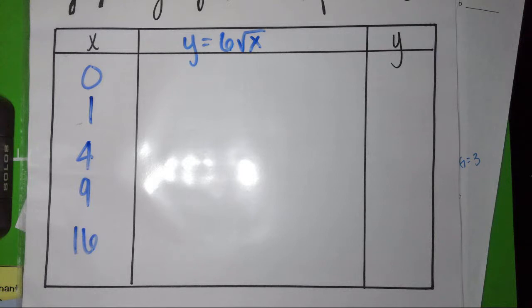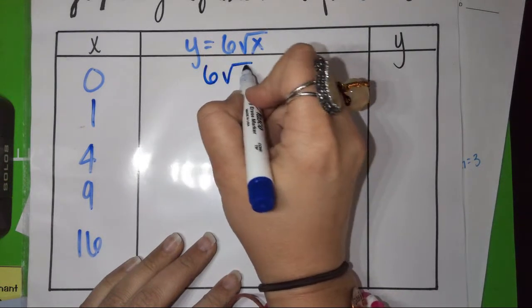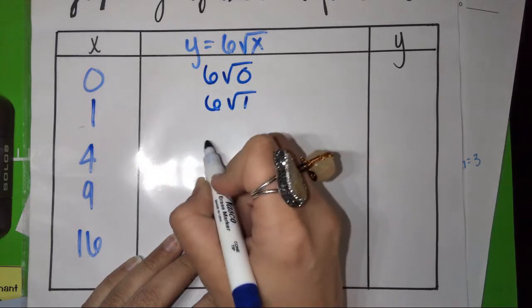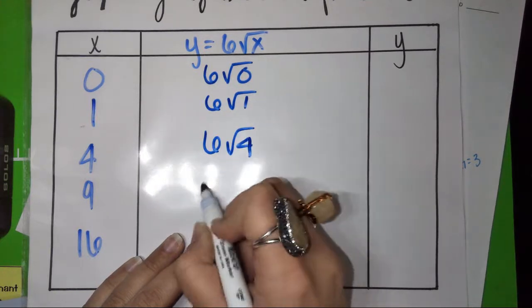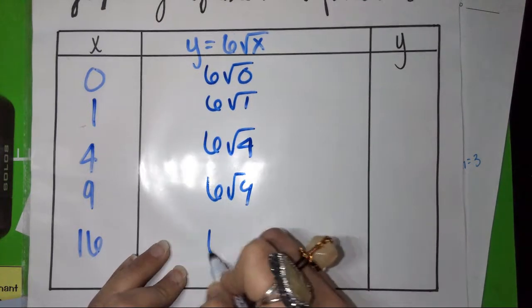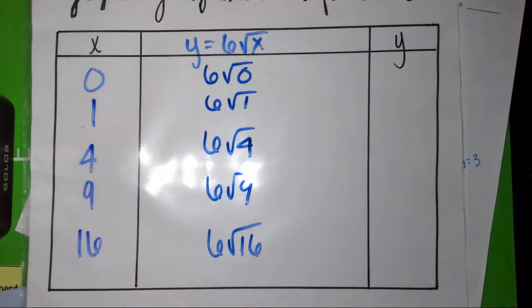Cool. 10, 9, 8, 7, 6, 5, 4, 3, 2, 1. Hold them up. Let me see. Good, good. So close.